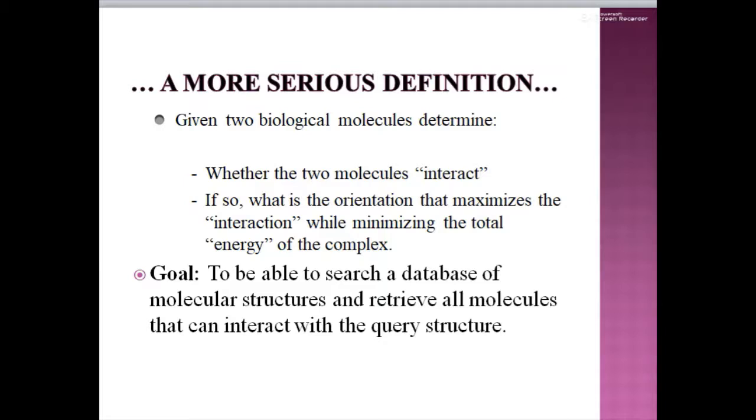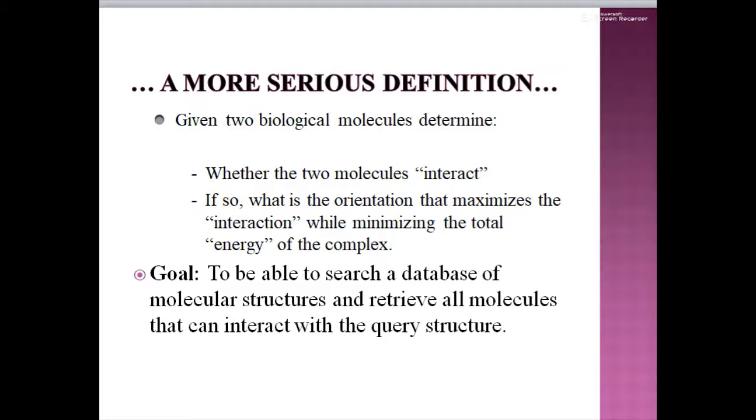The main aim of docking is to search a database of molecular structures and retrieve all the molecules that can interact with the query structure. So, it is a process by which you find whether the biological target will interact with a particular ligand or drug, and then you see which ligand will bind with the biological target with the least binding energy.